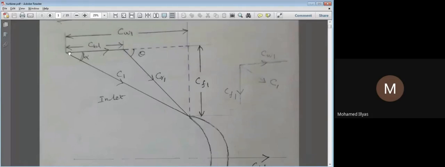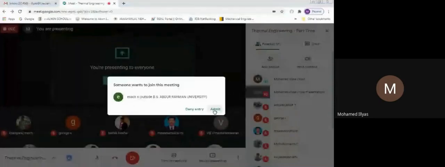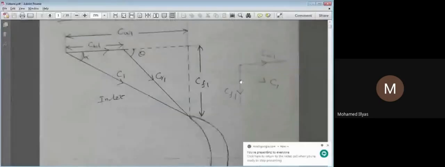How do you see it here? Conveniently, what I have done is this. Where should my CF1 come? CW1 and CF1 should come here, because this inclined velocity I have resolved into its horizontal and vertical components.